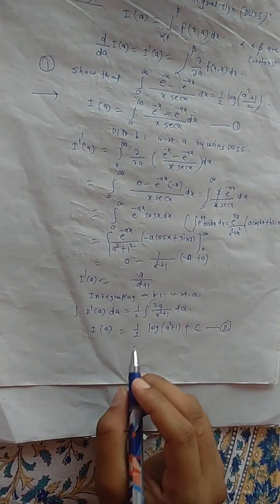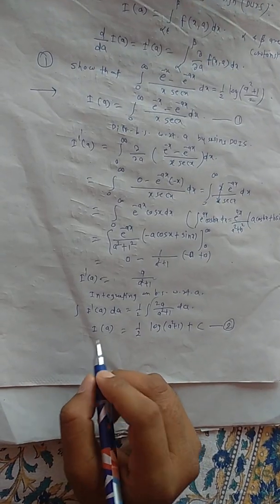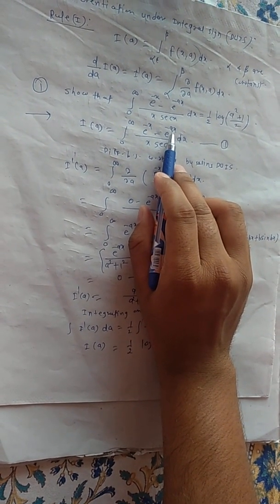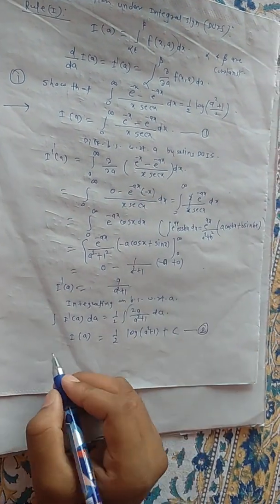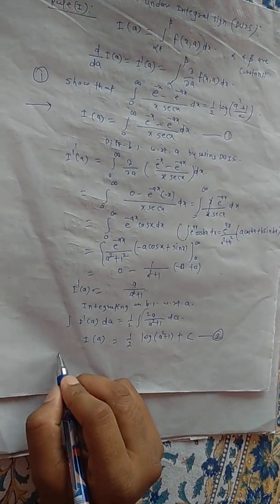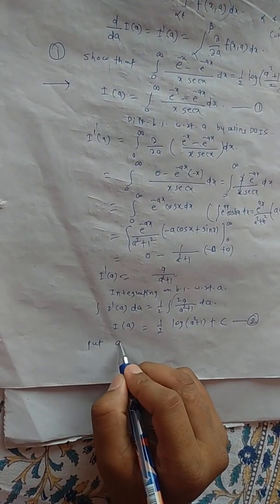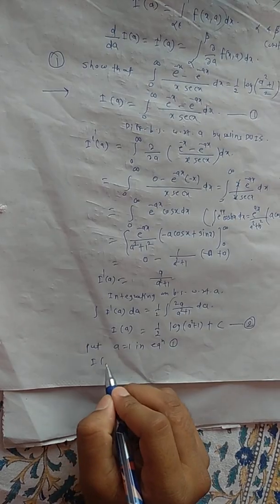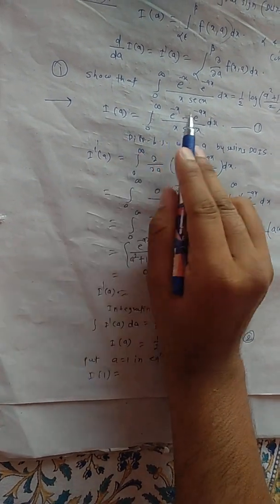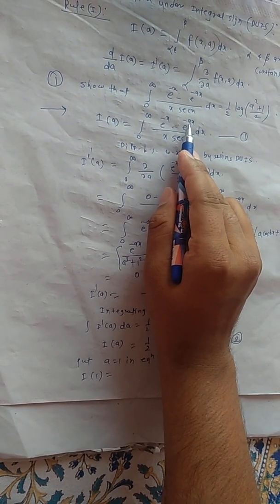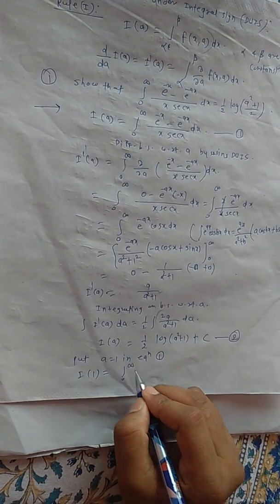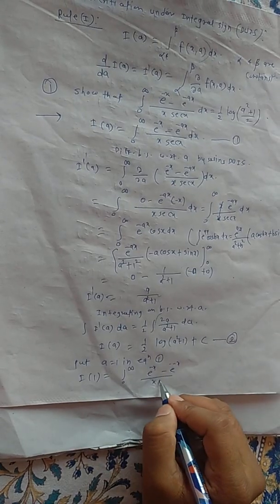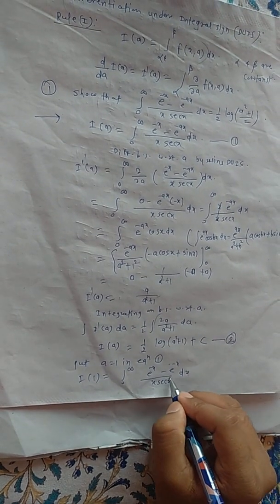Now therefore first I'll put a is equal to 1 in equation number 1. So what it becomes, let us see. Put a is equal to 1 in equation 1, so it becomes I of 1, putting a is equal to 1, so it becomes integration 0 to infinity (e raised to minus x minus e raised to minus x) upon x sec x dx.